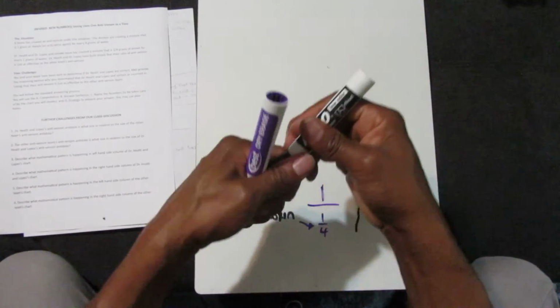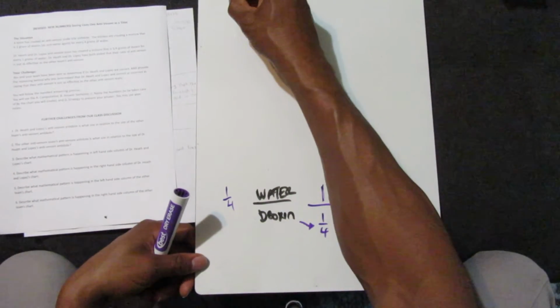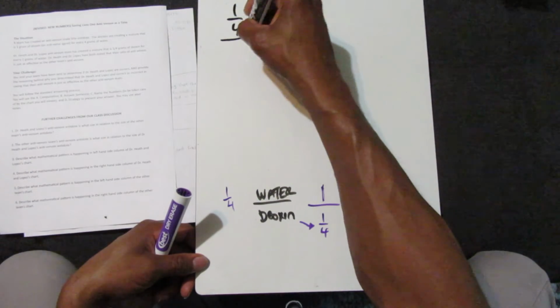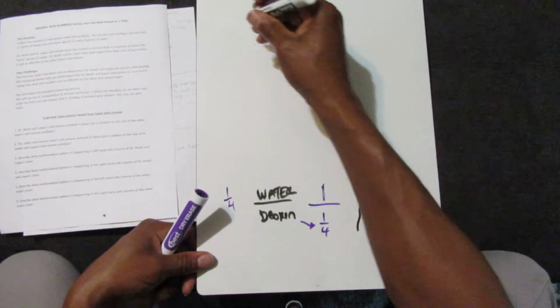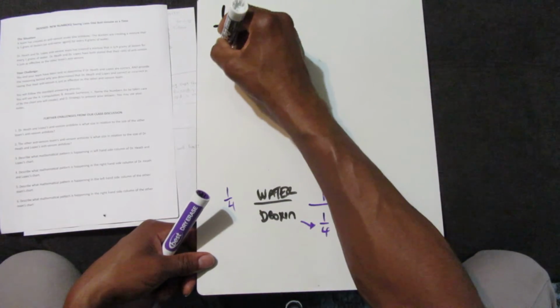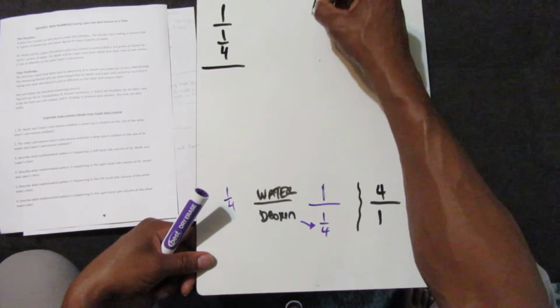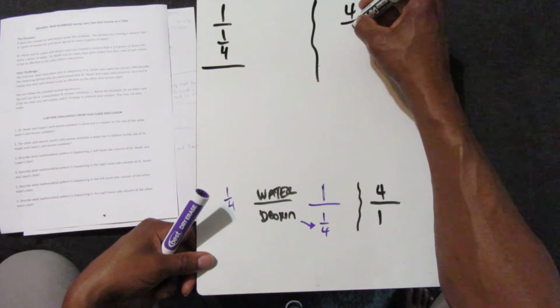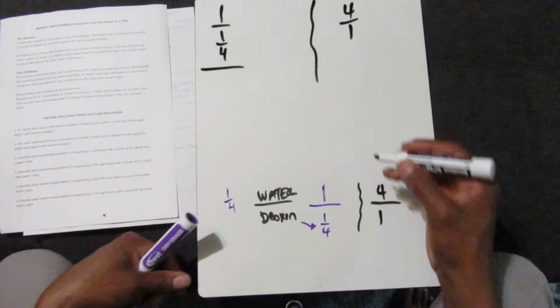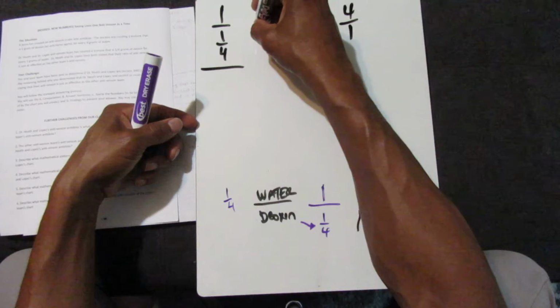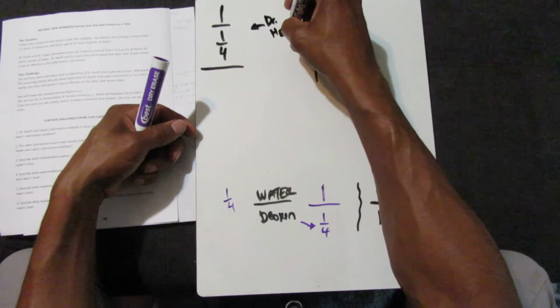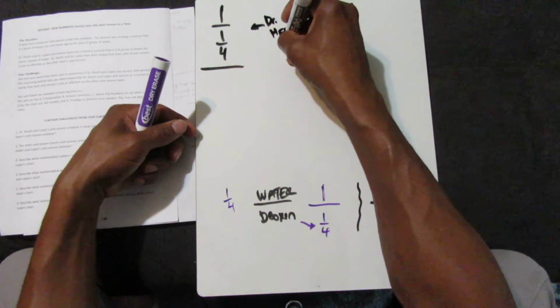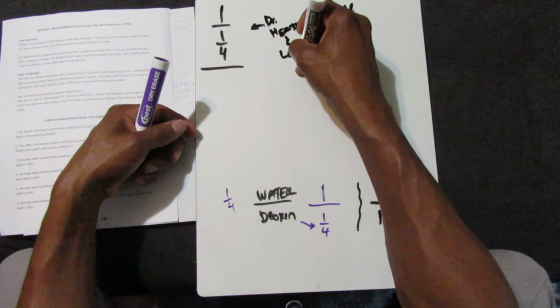So we'll go here, and I have 1/4. I have 1 divided by 1/4, and over here I have 4 divided by 1. So this one, remember, Dr. Heath and Lopez.